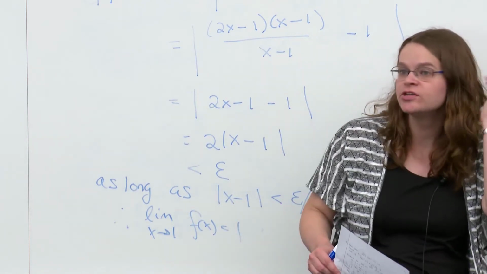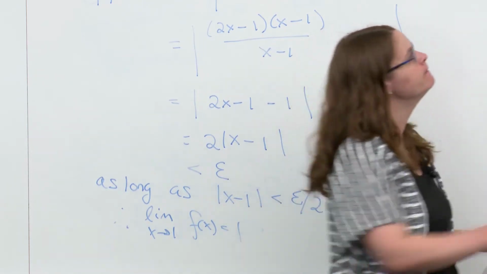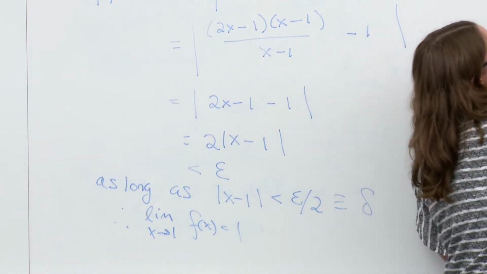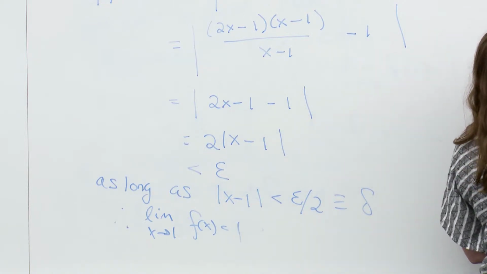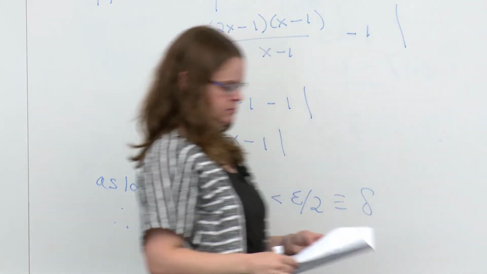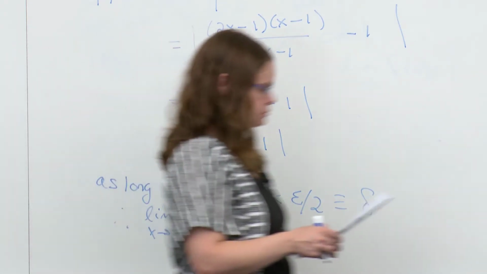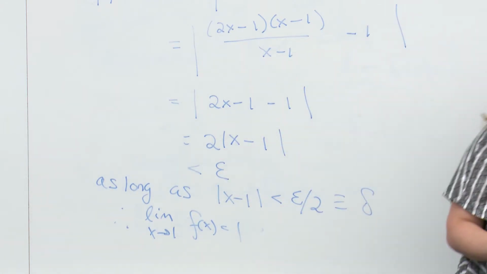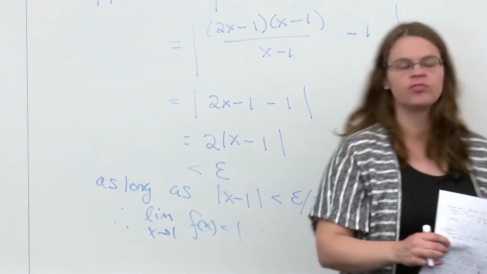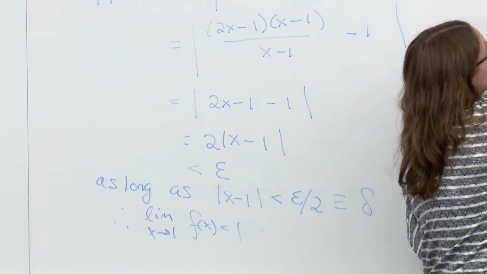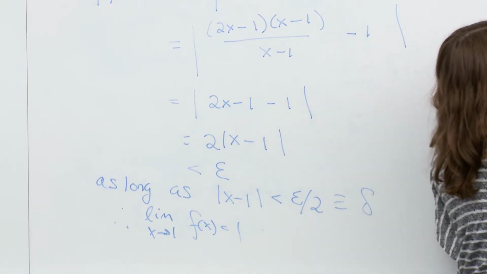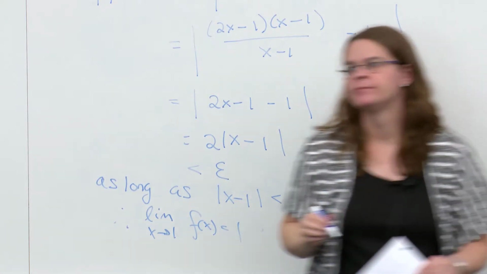OK, our process doesn't change. We need our epsilon. OK, so we got our epsilon. Then we need to write down our f of x minus L. So that's f of x minus 21.